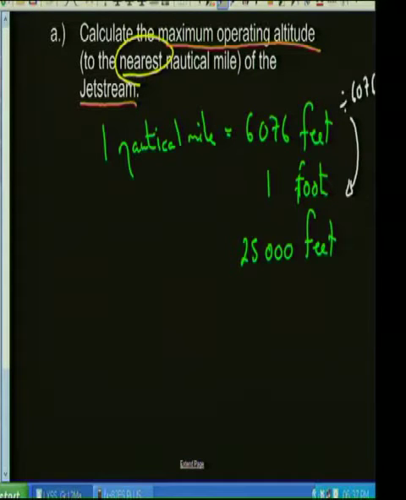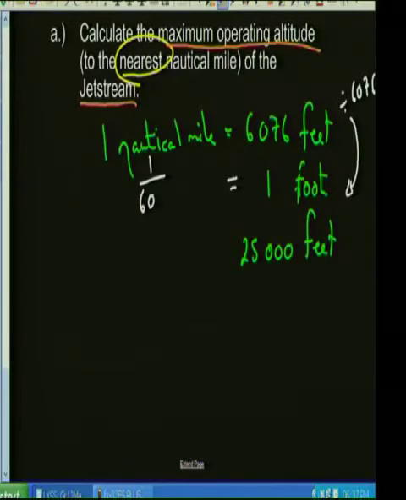6,076. So I'm going to do the exact same thing under the nautical miles. What's good for one is good for the other. So I've got 1 and I'm dividing it by 6,076. Now, how do I get this 1 foot to become 25,000? I multiply by 25,000. 1 times 25,000 gives me 25,000.